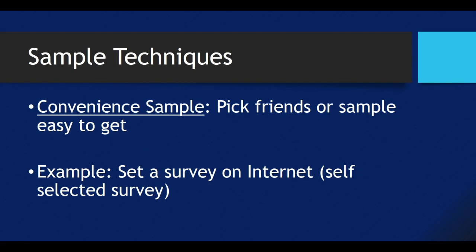If so, then putting it out on my Facebook might be okay. But the problem with putting it out on Facebook is who responds. Facebook is going to filter who sees that and who doesn't.